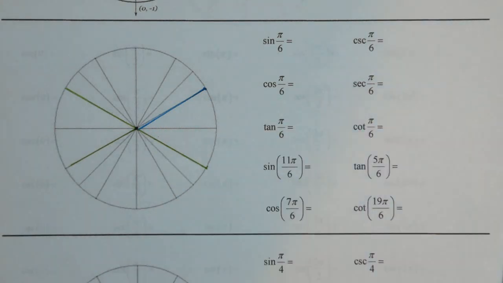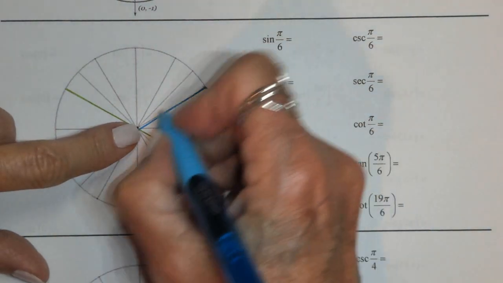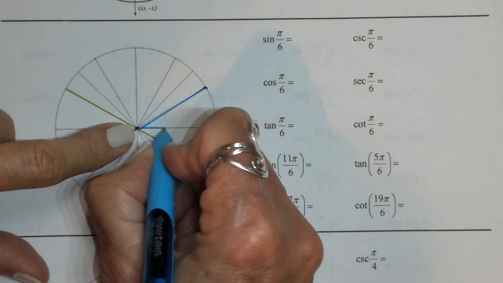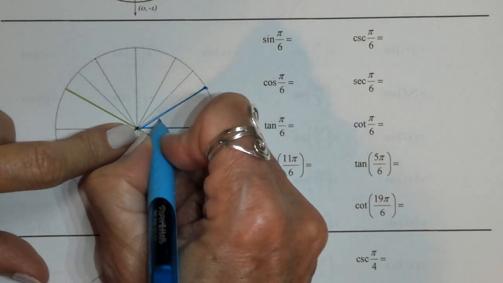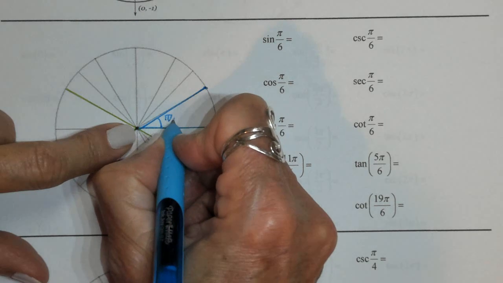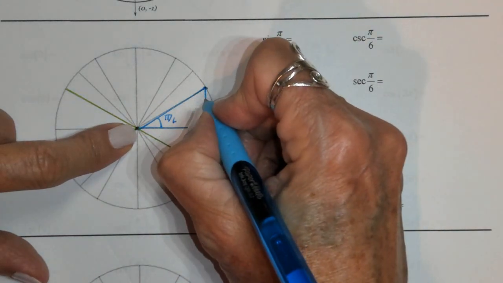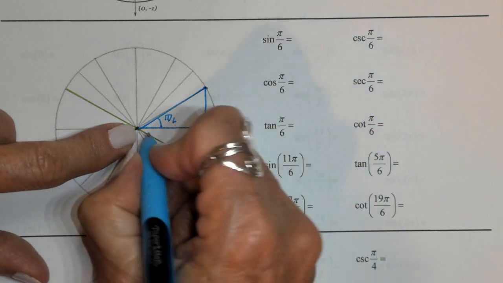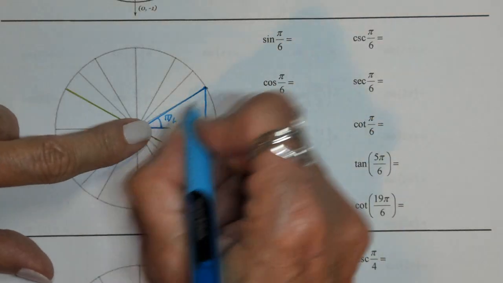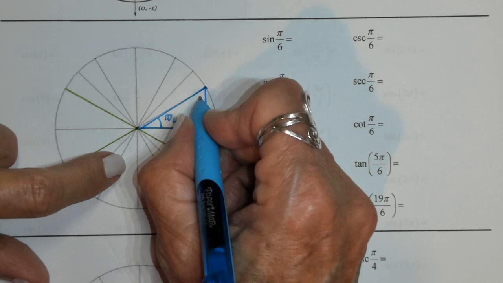Okay, so there's my main one. So I'm going to draw this right here. So here is pi over 6, right? Which is 30 degrees. So that's 30 degrees. So here's my 60 degree, right?